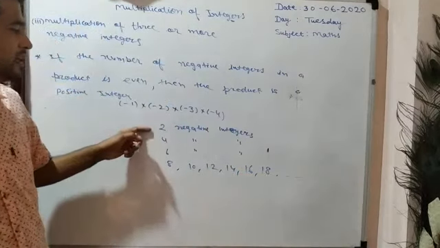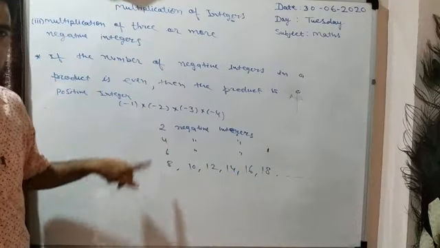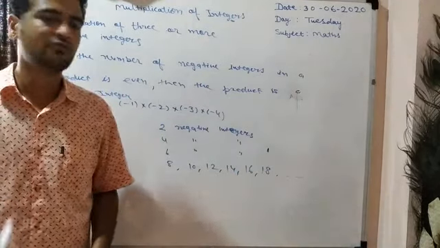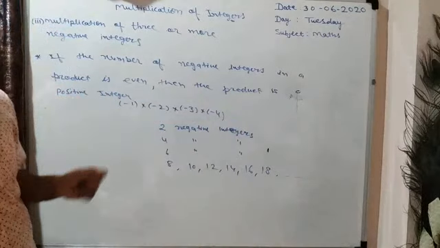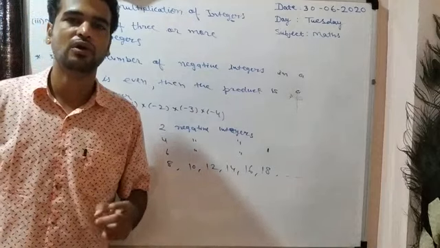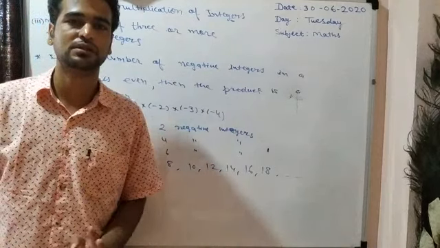If we have a multiplication of an even number of negative integers, either 2, 4, 6, 8, 10 or 12, what will the result be? Then the product is a positive integer. It means the sign of that result will be positive. We only have to multiply the numbers.